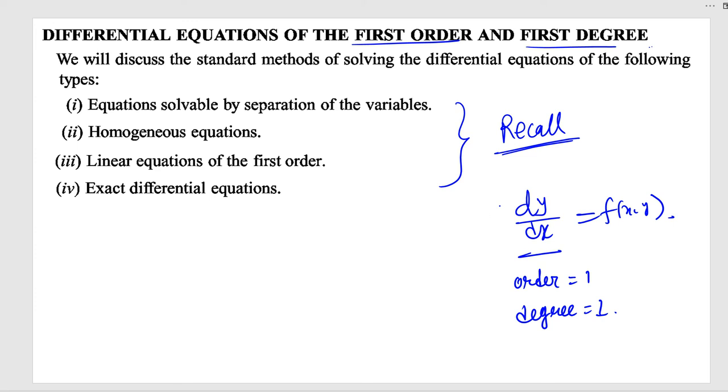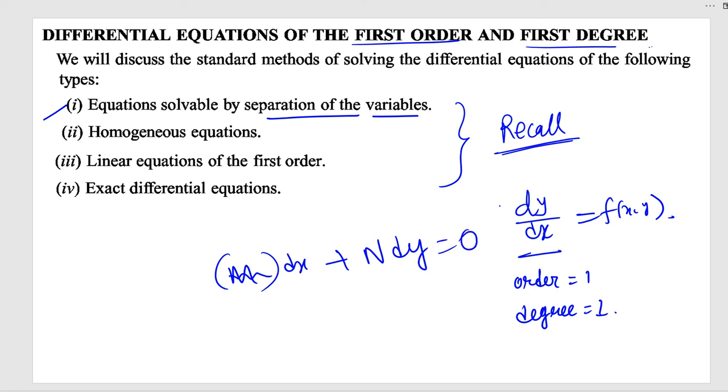4 actually situations. The first situation is equations solvable by separation of variables. That means you will have M dx plus N dy equals 0, that means you can separate them. Then there is the homogeneous case, then linear equations of the first order, and then exact differential equations. We will discuss them one by one.